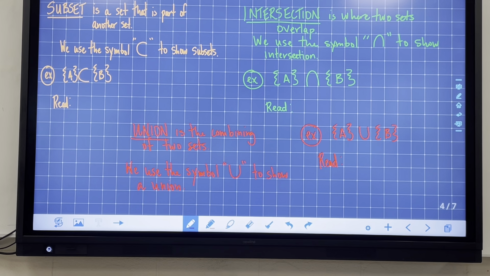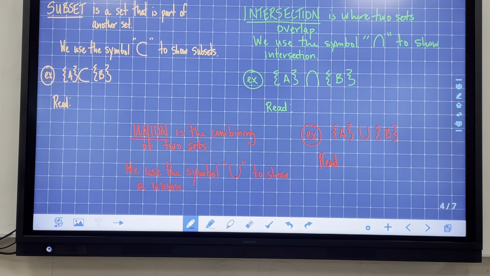Okay, so for example, here at Mater Dei, the upper school is a subset of the entire school. Right? It is part of the whole school. Okay. Lacrosse players are a subset of all sports at Mater Dei. Right? They are a smaller group of a larger group.